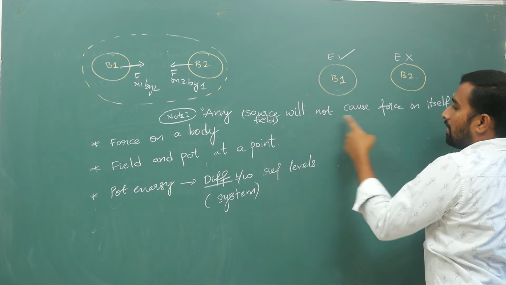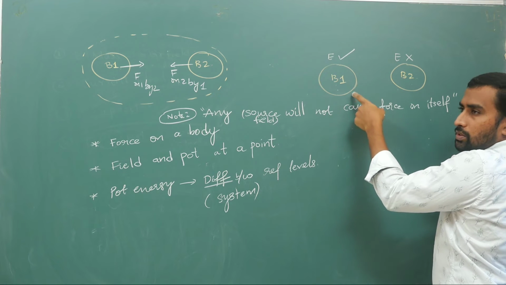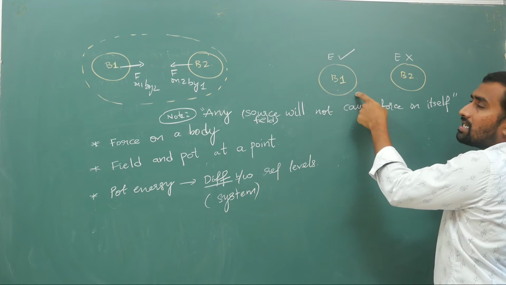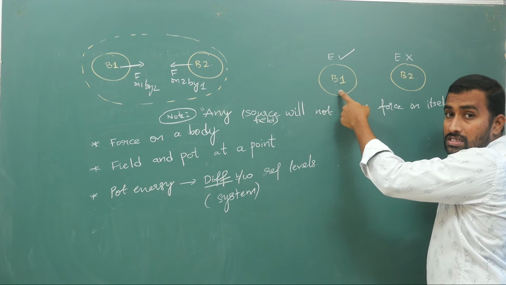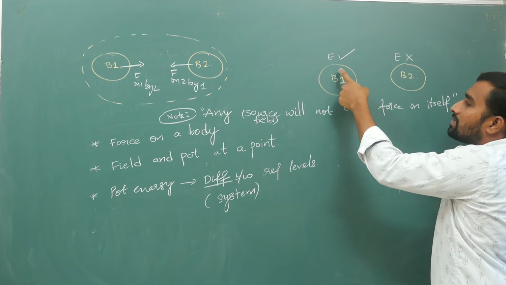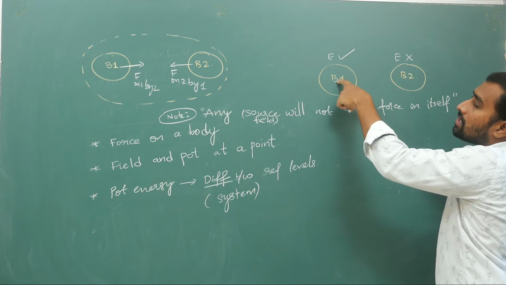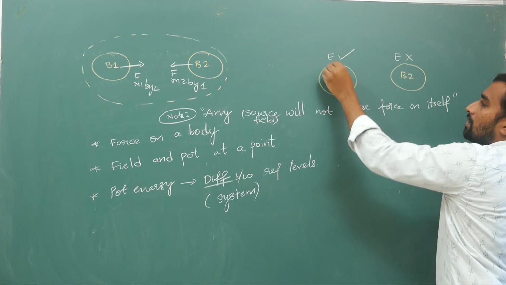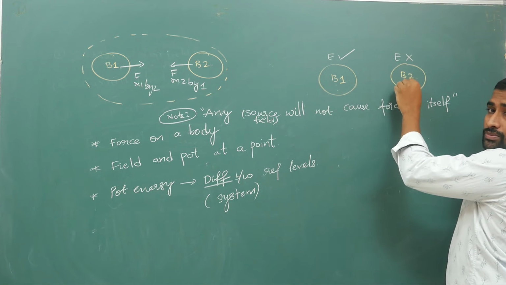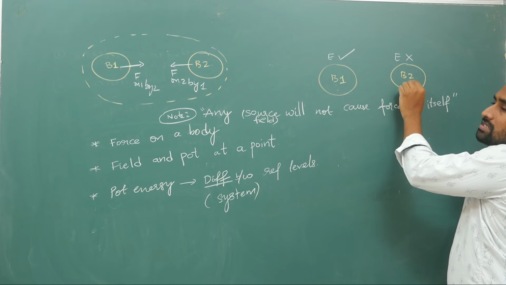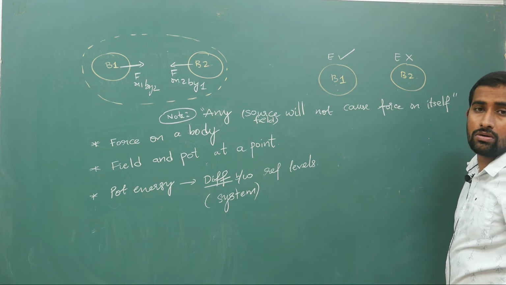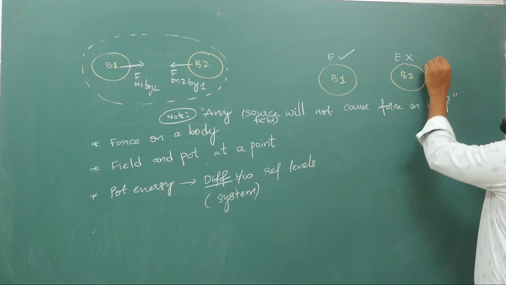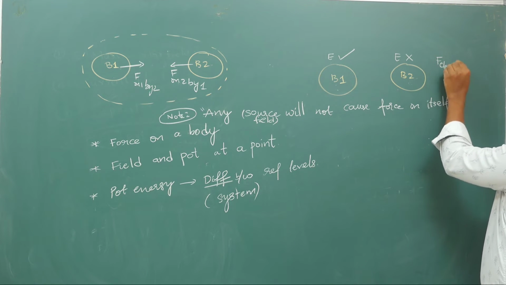According to this point, this body produces an electric field because of its charge, but its own electric field cannot cause force on itself. Since it is not causing force on itself, it should cause force on this body, but there is no charge on this one. Without charge there will be no electric force. So here there is no electric force.